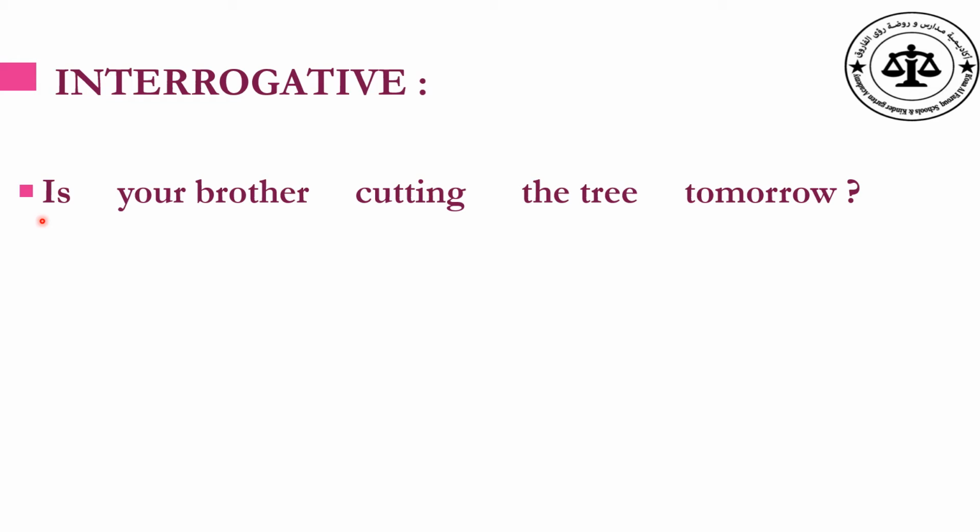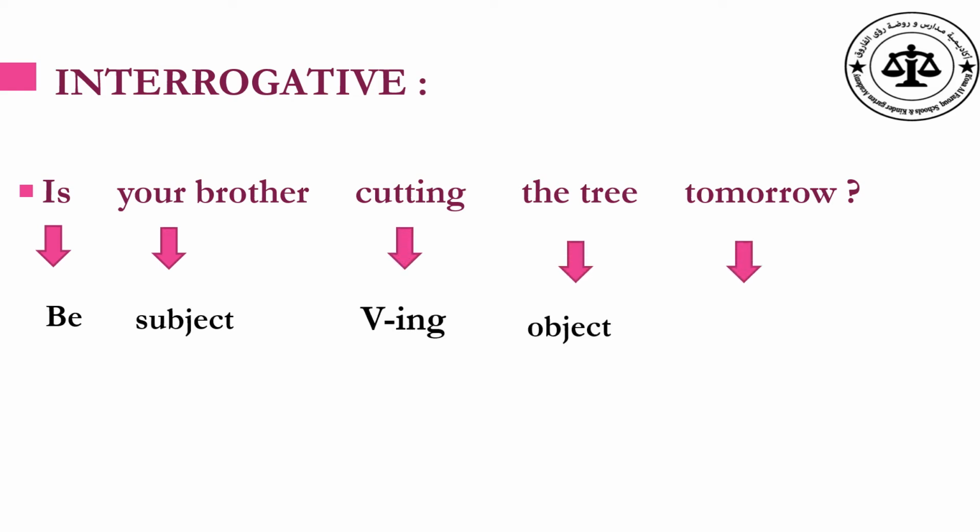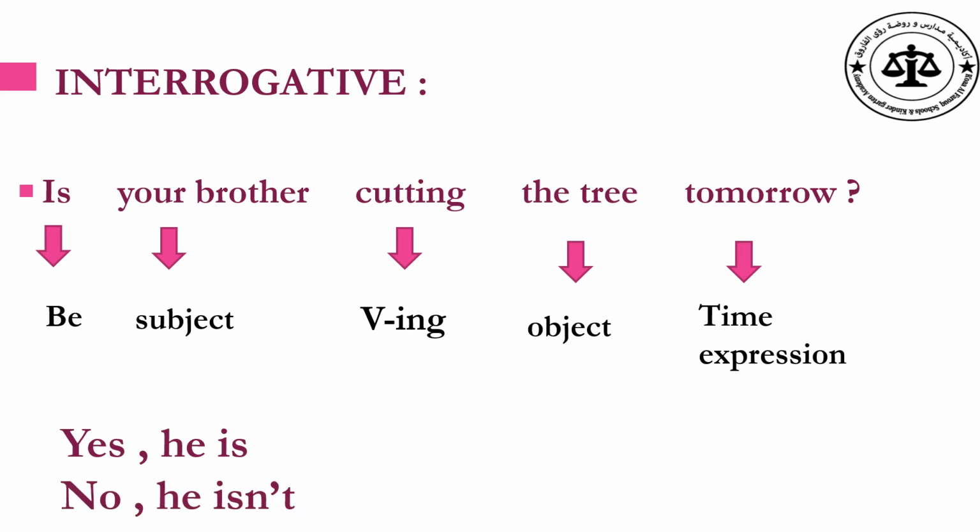Is your brother cutting the tree tomorrow? Cutting is the verb ing, and tomorrow is the keyword which indicates the future tense. So we start the question with the helping verb and the subject, verb ing, complement with the keyword. If we want to answer the question: yes, he is, or no, he isn't.